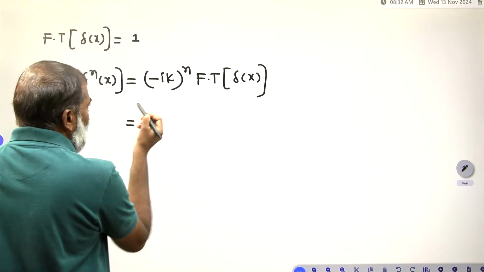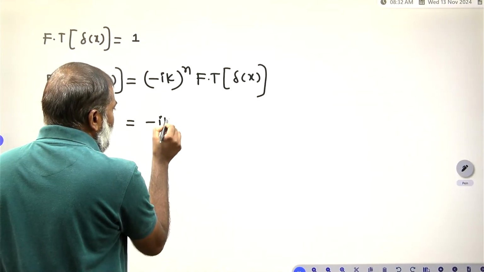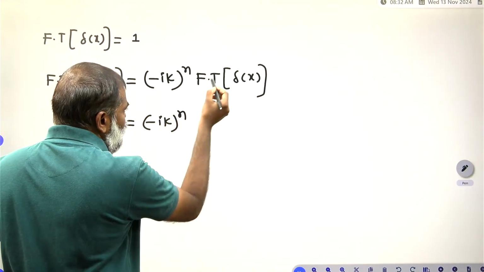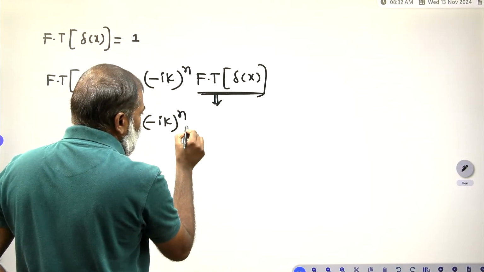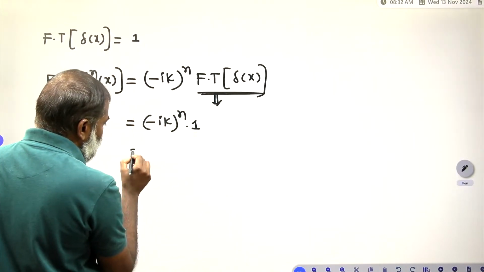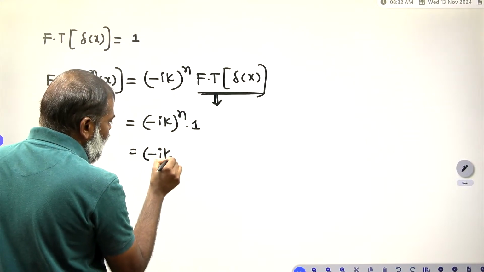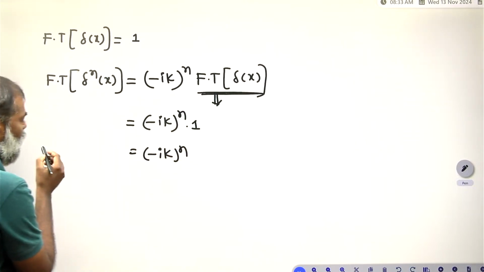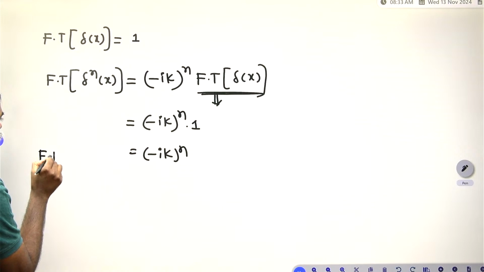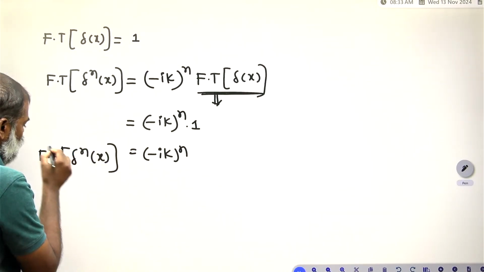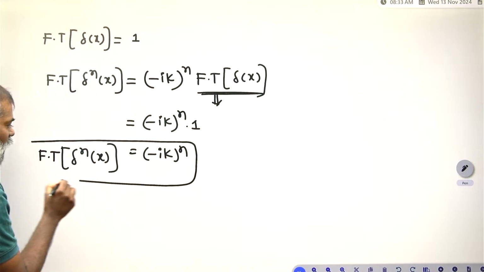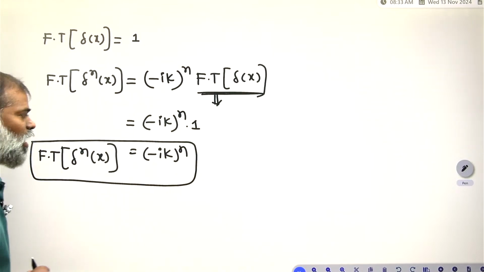So therefore, minus ik all to the power of n into the Fourier transform of the Dirac delta function of x, which is equal to 1. That is equal to minus ik all to the power of n. We got this value.